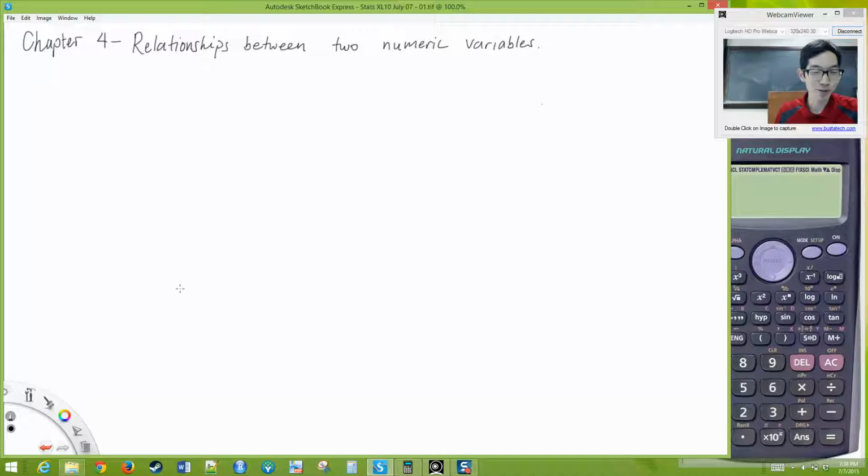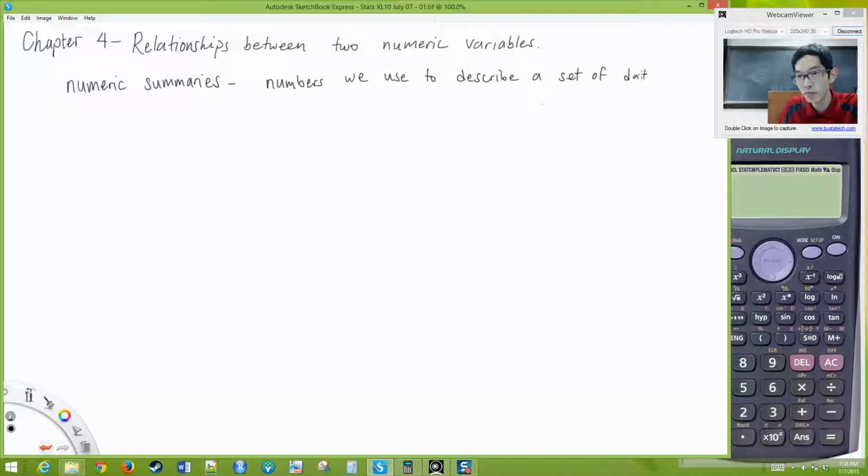Maybe it's worth driving this point home, so I'll write it up on the board because I know whatever I write up here, you guys write into your notebooks. So, numeric summaries. These are numbers we use to describe a set of data. Okay.